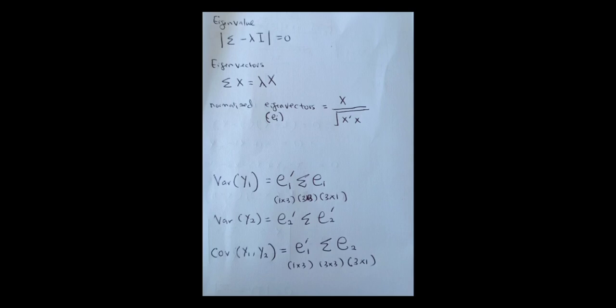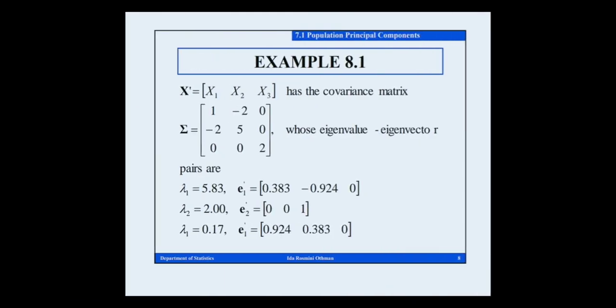Okay, so you akan ada if you have 3 lambda, you akan ada 3 jugalah normalized eigenvector. Okay. Alright. So, let's say here is given the pair of the lambda dan juga E, the pair of eigenvalue and normalized eigenvector. Okay.